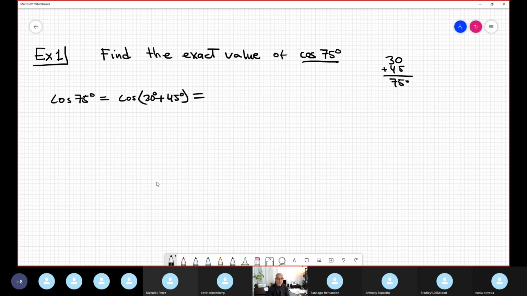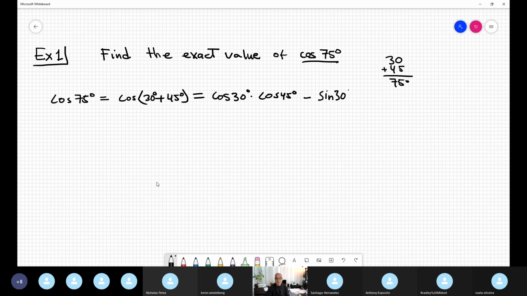According to the formula, cosine 30 degrees multiplied by cosine 45 degrees. Cosine is easy to remember. And since it's cosine, the sign is opposite: if it's plus, it's minus. Sine 30 degrees multiplied by sine 45 degrees.